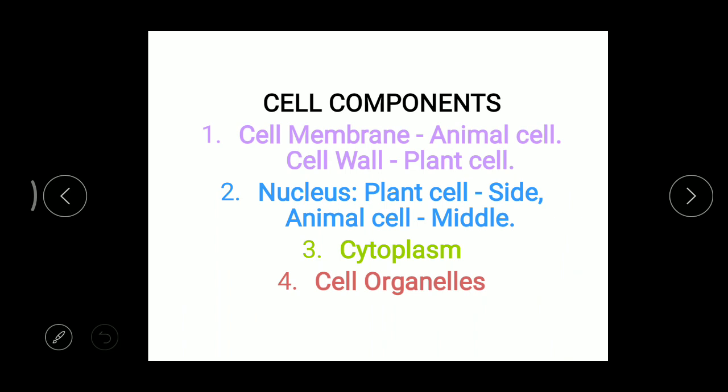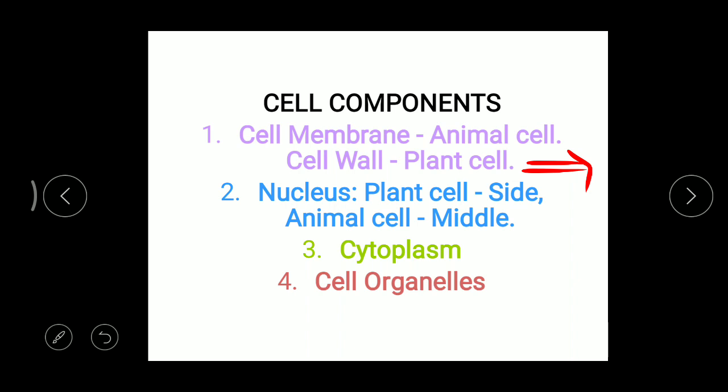So when you take an animal cell, it is covered by a membrane called the cell membrane or plasma membrane. And in a plant cell, we also find a cell membrane, but again it is covered by one more layer called a cell wall.